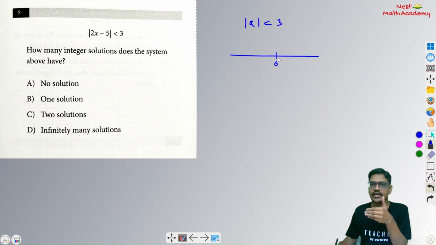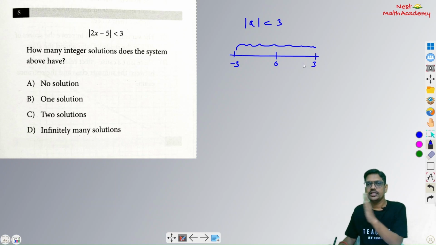That means a can be between 0 and 3 on the right and 0 and minus 3 on the left. It can be anywhere in between minus 3 and 3. I repeat, absolute value of a less than 3 means I am looking for all the values of a for which the distance from 0 is less than 3. On either side, left or right, I can go maximum up to 3 or minus 3.